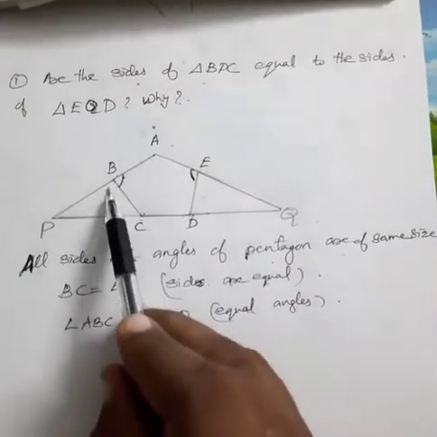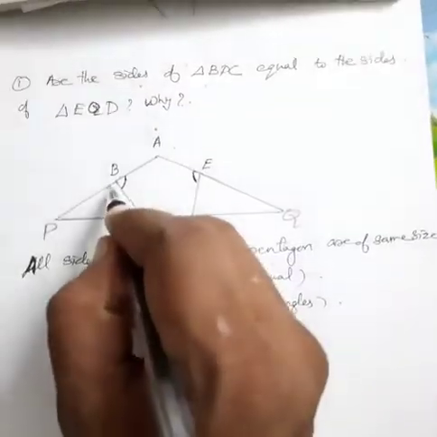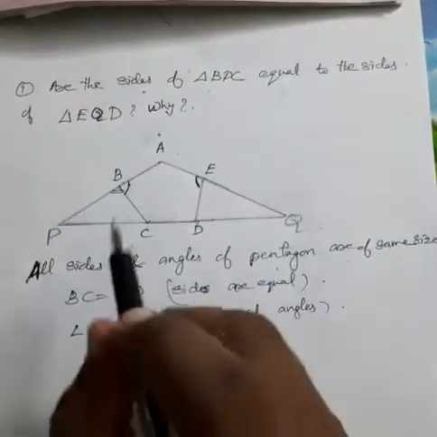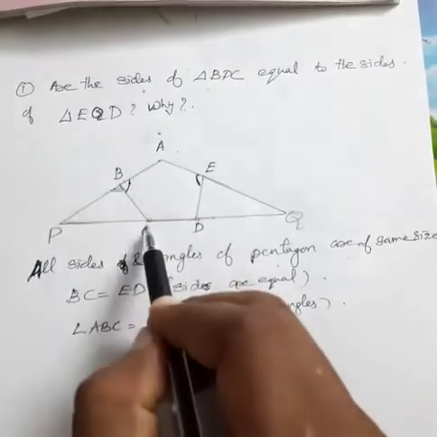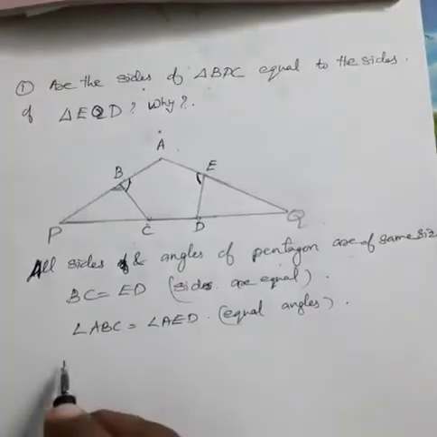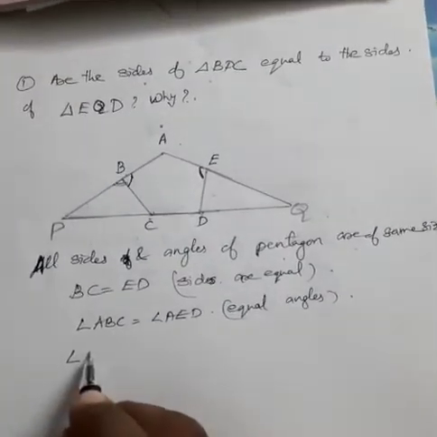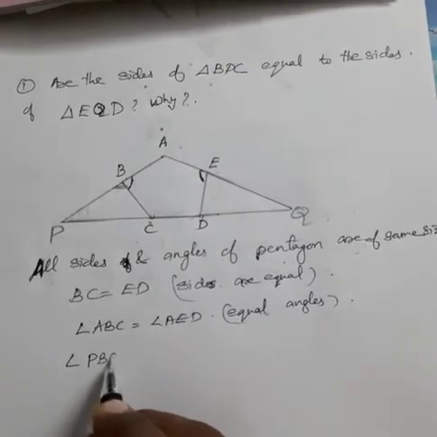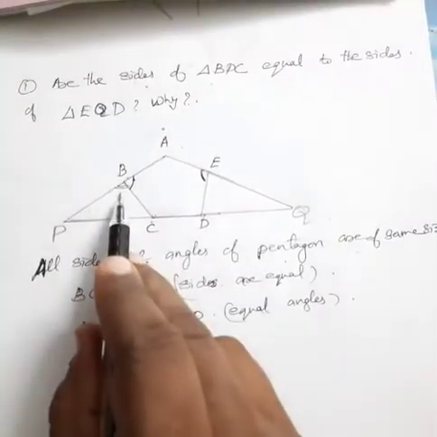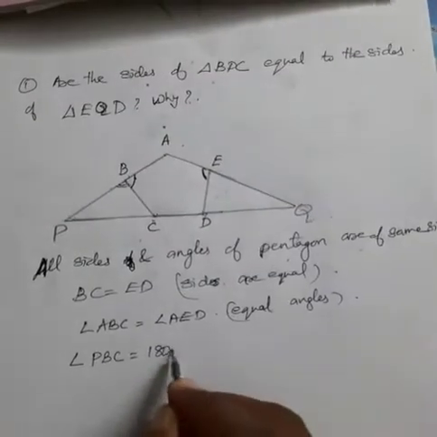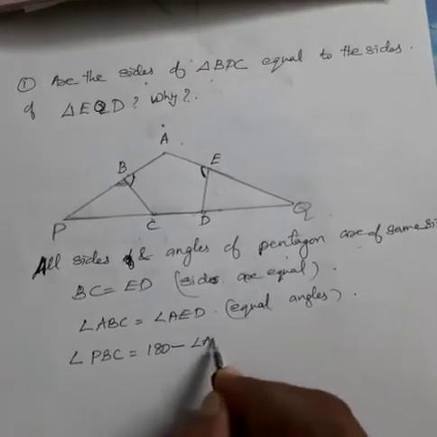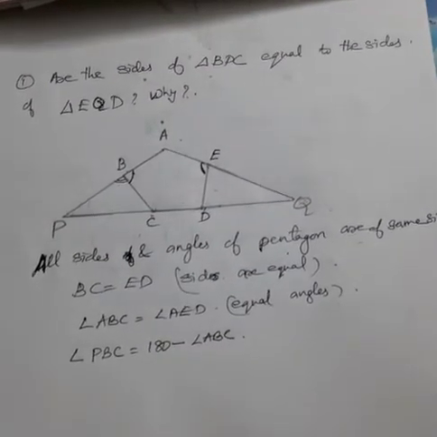So if you consider this as a linear pair, what about this angle? So this is angle ABC. What about here? Angle PBC equal to, how will you write this? It is 180 minus angle ABC.